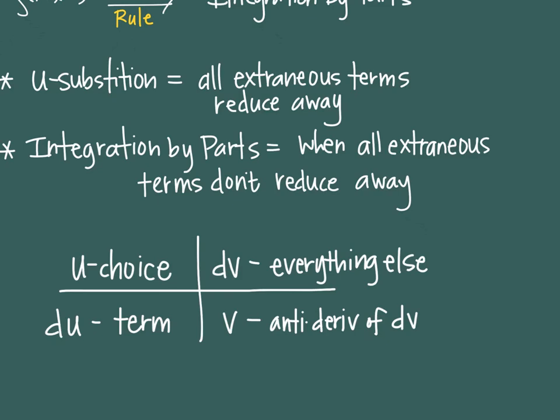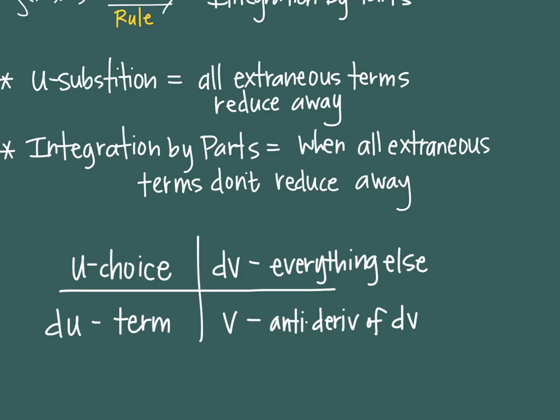That's why it's called parts. There are 4 parts to this problem. There's the u-choice part that you make. There's the du part that you figure out. There's the dv part that was everything else that was left in the original problem, and then the v part that you figure out. These are called the 4 parts that you need for integration by parts.